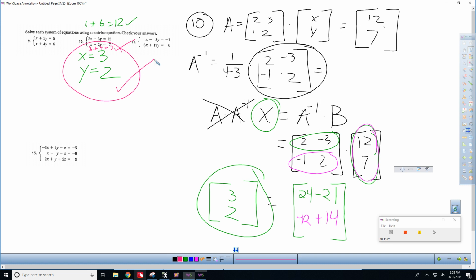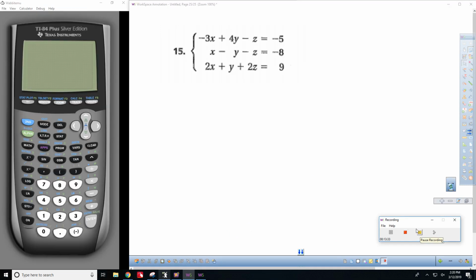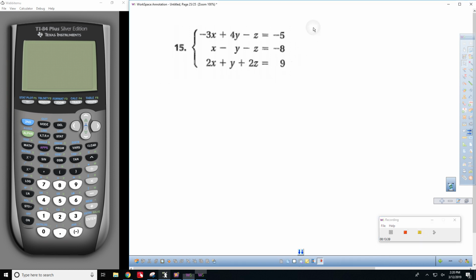So give me a second. Let me get this set up. Okay, so what we have here is A times X equals B. So to find X, we need to do A inverse times B. We are going to do all of this in our calculator, or at least we're going to try.